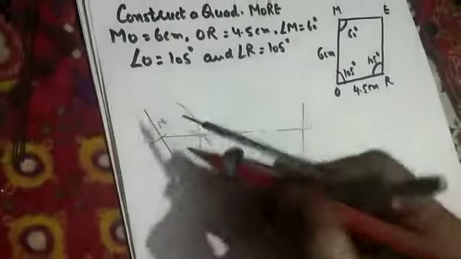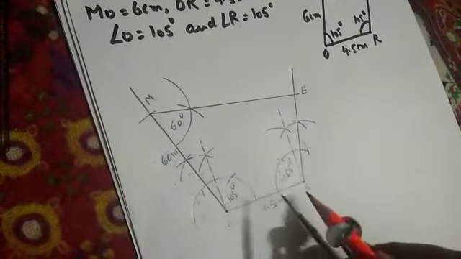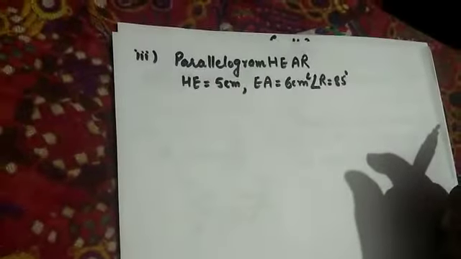That will be our point E. So this is our construction MORE, where angle M 60 degree, MO 6 centimeter, OR 4.5 and angle O and R 105 degree. Now second part of this question is same. You can do it yourself.